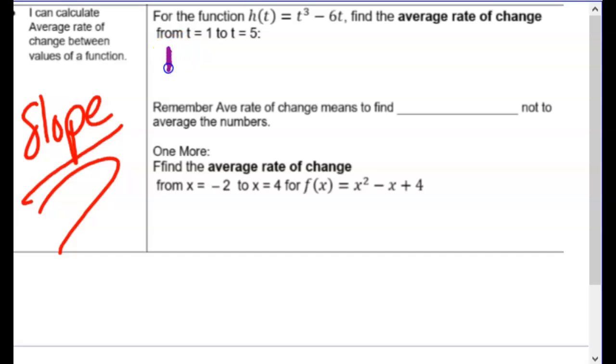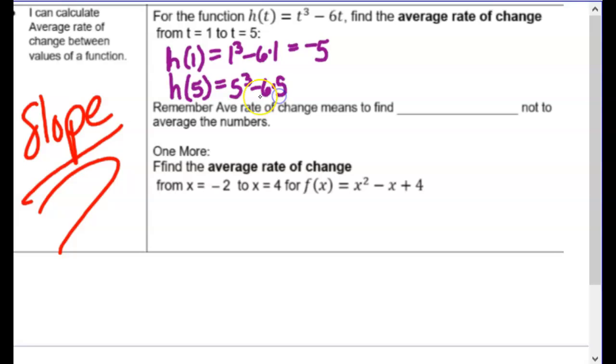It means you put in h of 1 and you put in h of 5. If I put a 1 in there, I think I get -5. Is anybody else getting that? If I put a 5 in there, you might need a calculator. I think it's 95, but I'm probably wrong.